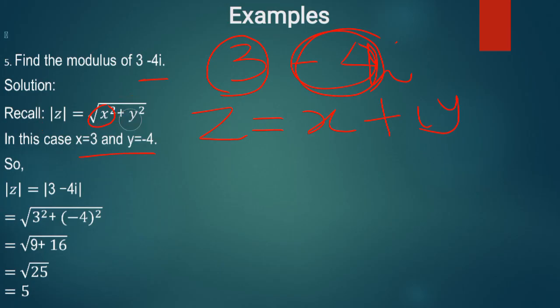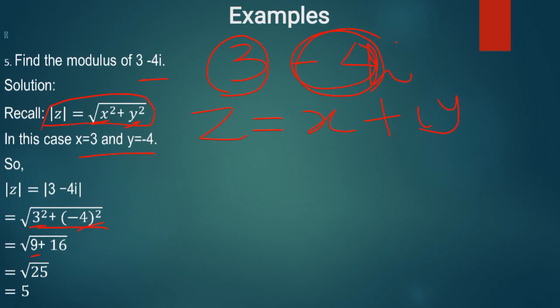Now we want to put them in the formula for the modulus, which is this. We just substitute back. Wherever you see x, you plug in 3. Wherever you see y, you plug in minus 4, which is what you see here. But what is 3 squared? 3 squared is 9. What is minus 4 raised to the power 2?